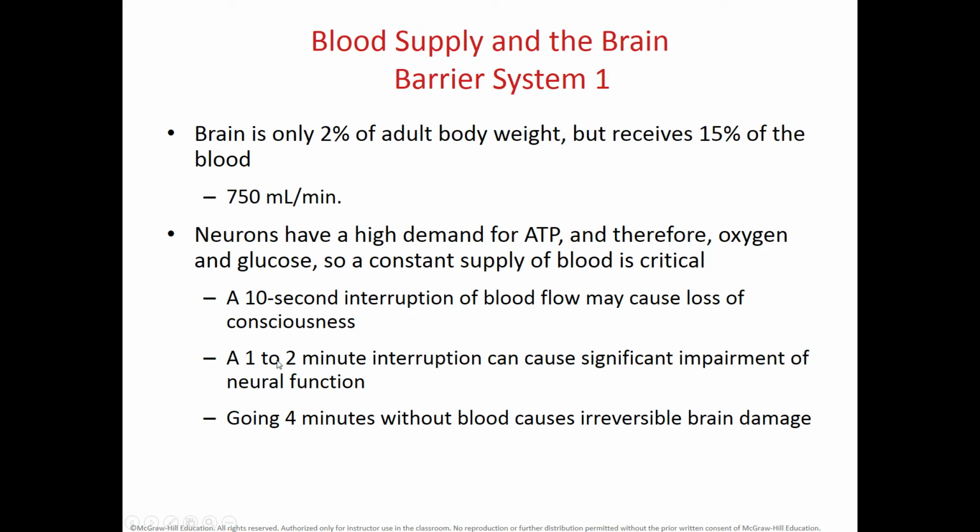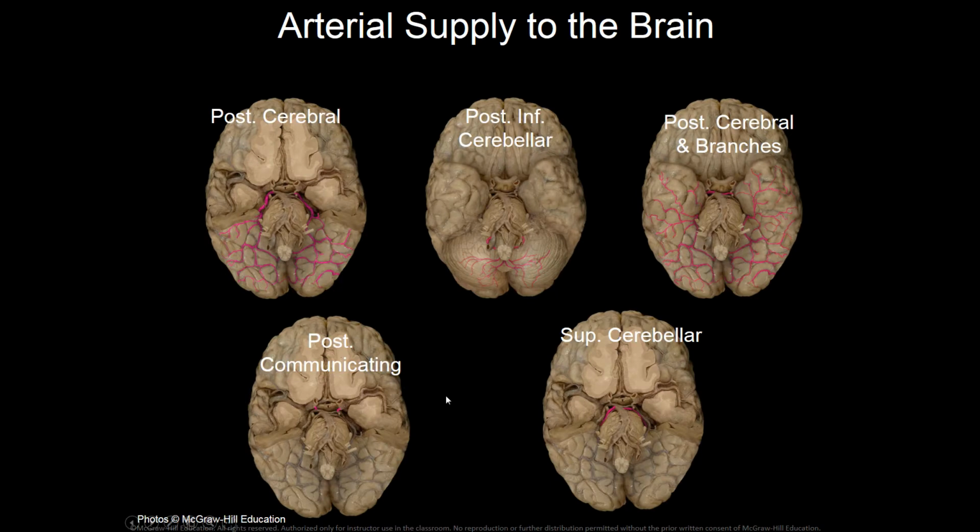That's okay, but if you lose your cerebral circulation for 1 or 2 minutes, you start having severe impairment of the neuronal function. And if you go beyond 4 minutes, you have irreversible damage.